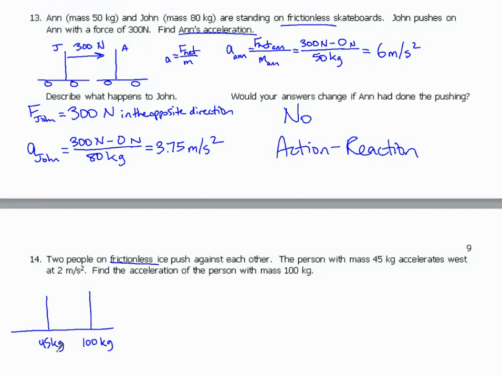So they were probably touching, and then they pushed against each other, and the person with mass 45 accelerates at 2 meters per second squared towards the west. Remember, our compass directions: north, east, south, and west. So there's west, just like we're looking at a map. What is the acceleration of this person, the mass 100 kilograms?